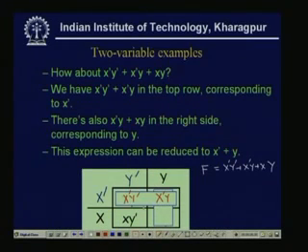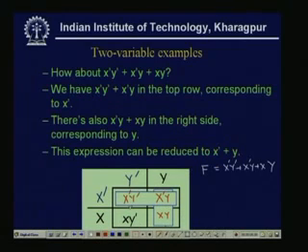The another term is the second element of the second row, and that is xy. See, the second row corresponds to literal x and the second column corresponds to literal y. So, the second element of the second row will be xy.